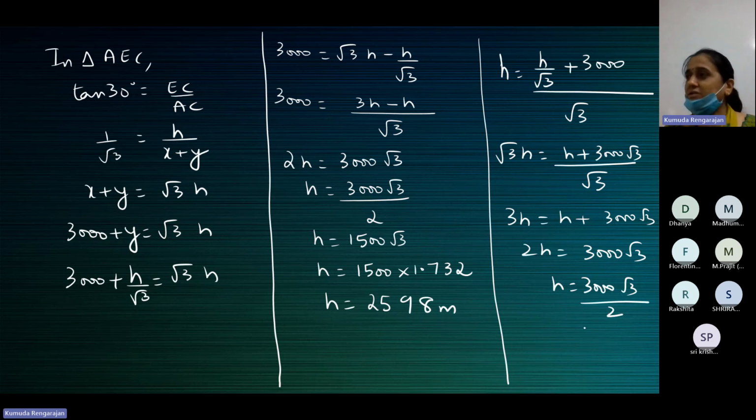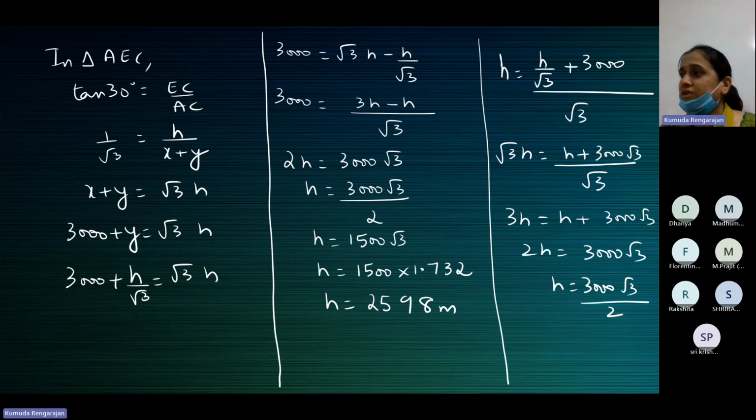And the root 3, it's wrong. It's not like that. Now, if your question is why, it's addition there in the numerator. Whenever h by root 3 plus 3000, h by root 3 and 3000 are connected by the addition symbol. You should simplify that first.